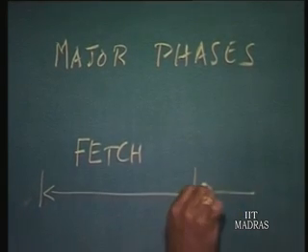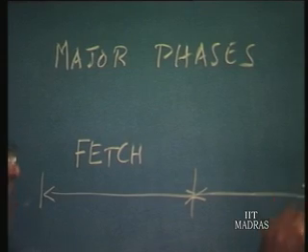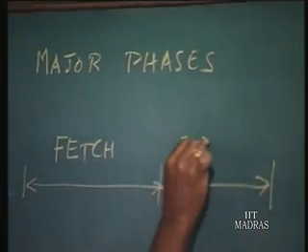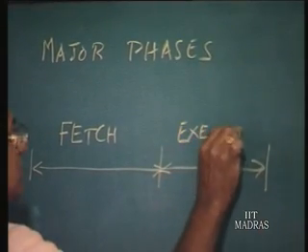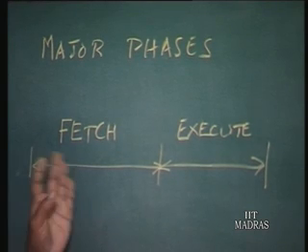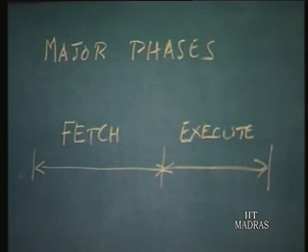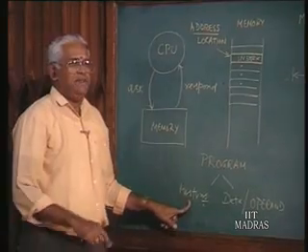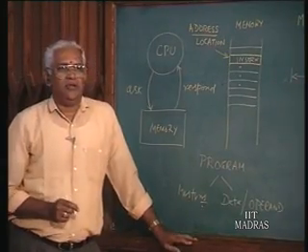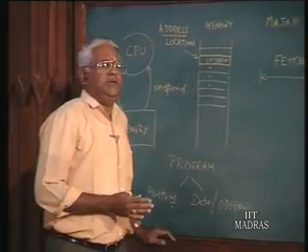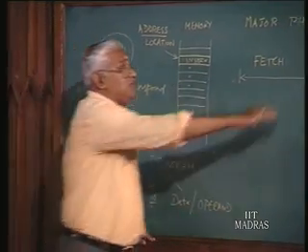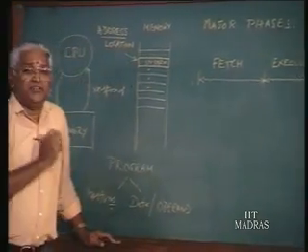The other phase of it is to execute that instruction. So, in these fetch and execute phases, one particular instruction will be fetched and it will be executed. What that instruction is, and what execution is, really depends on what that instruction is.